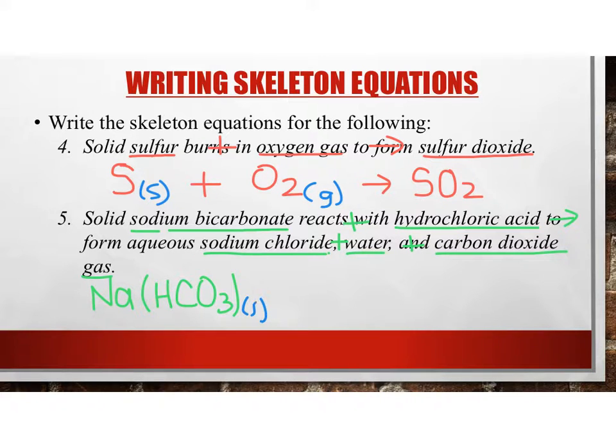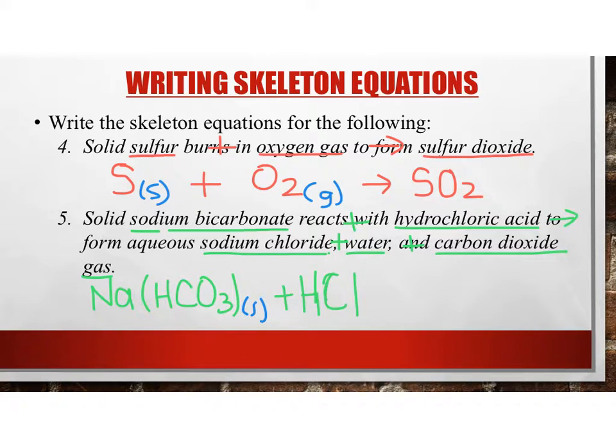Oops, that's supposed to be an S. With hydrochloric acid. Remember, the hydro means I have a hydrogen, and then the chloro is going to be my Cl. And each of those had a 1, so that's why I have no numbers.